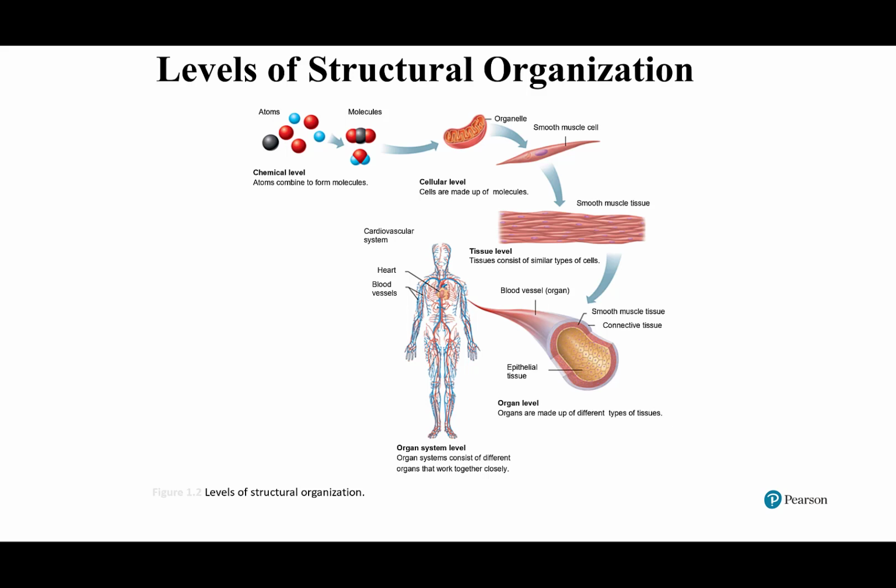For example, to form a cardiovascular system, you would need organs such as the heart and blood vessels. To form the digestive system, for example, you would need organs such as the stomach, the intestine, the pancreas, the liver, and more. Okay? Different organs come together, give you an organ system.